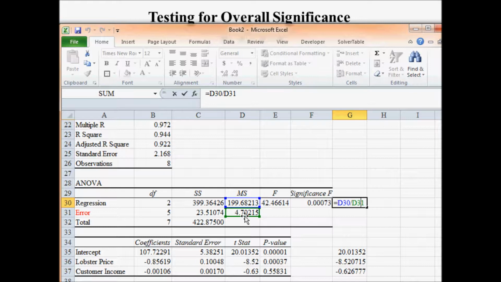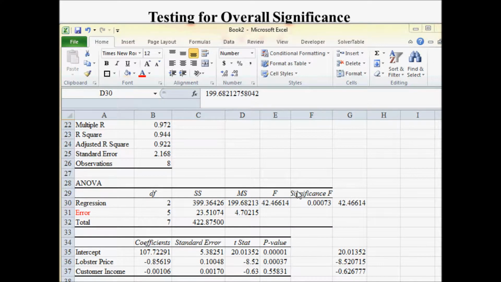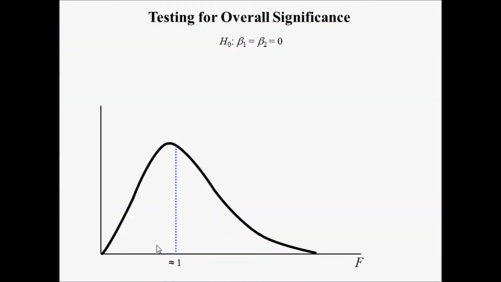And remember back in chapter 11 when we were testing the equality of variances. If these variances are equal, then the F-stat is going to be close to 1, which puts the F-stat in the hump of the F distribution. So the alternative hypothesis for this test would be that one of these betas is not 0.